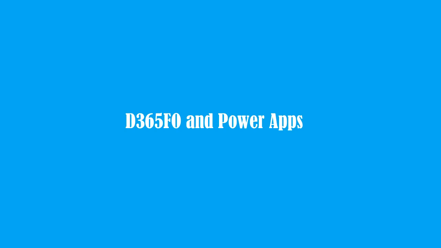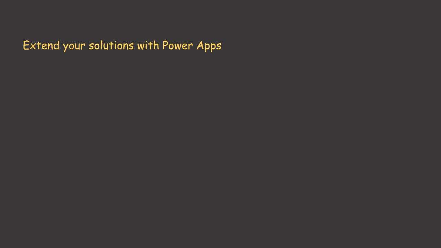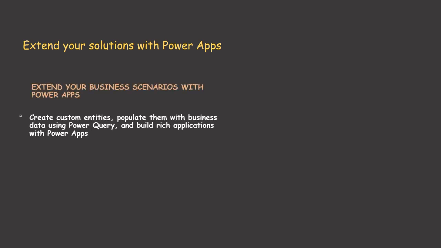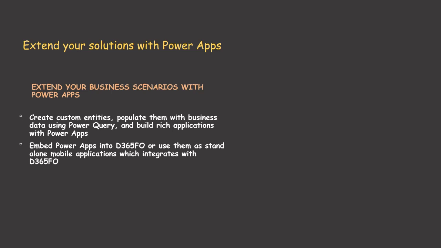And let's look at the F&O and the Power Apps part. We'll see how we can enable Power Apps with D365 FinOps. You can create custom entities, populate them with business data using Power Query, and build rich applications.